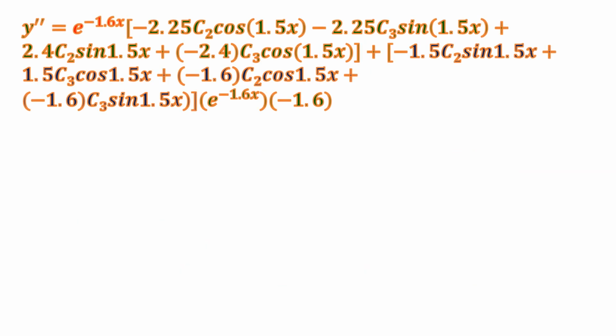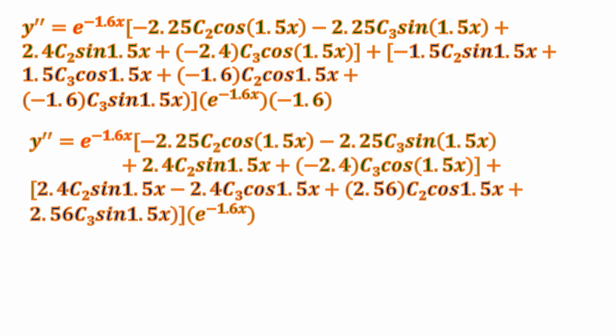So let's copy the one that we have simplified and then we're going to continue. What we did is we distribute the negative 1.6 in the last part. So the negative 1.6 is multiplied to negative 1.5, it becomes 2.4. And it is also distributed to 1.6 itself, so 1.6 times 1.6 is 2.56.